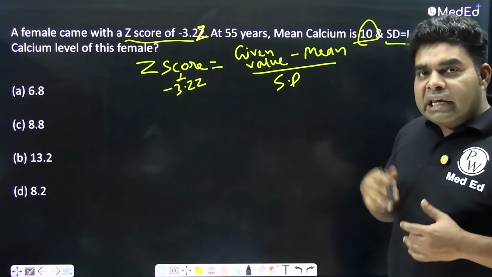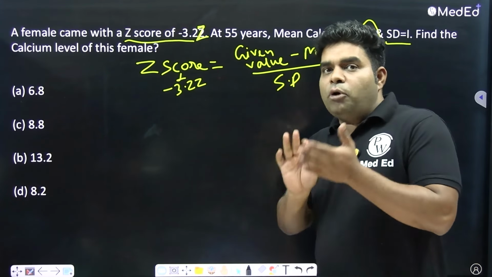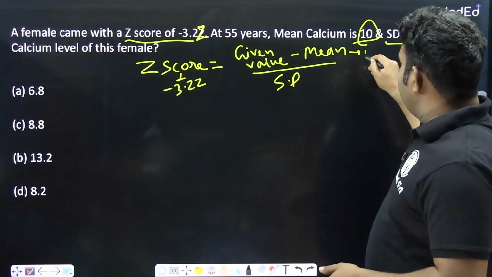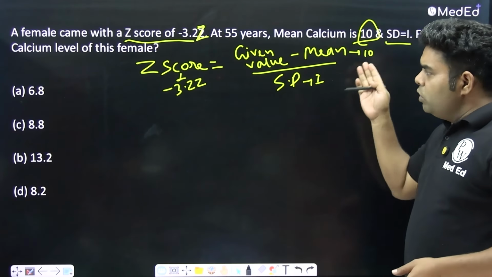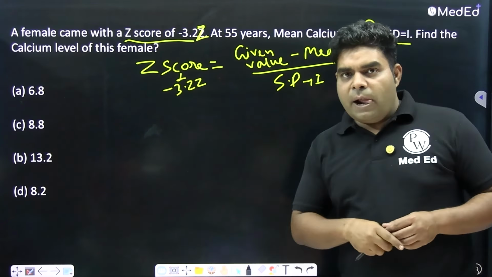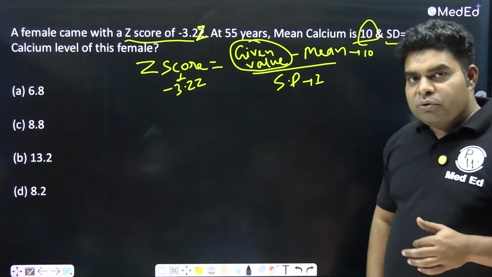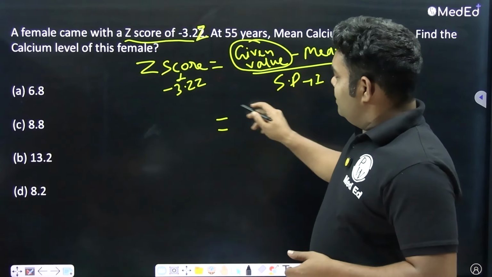And the given value is not given here. We don't know what the calcium of this patient is. But we all know that the mean calcium is 10 and standard deviation is 1. So if you know the mean, standard deviation and Z score, can you find this given value X?